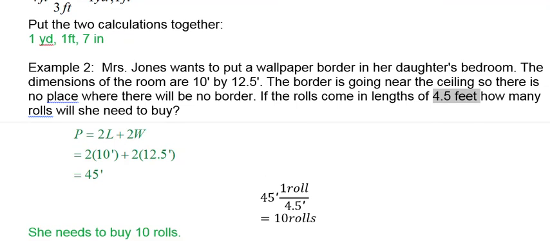There are some questions like this in the textbook that don't work out evenly. So say it ended up being that she needed 10.1 rolls, right? Say she had to go not a nice even multiple of the rolls around the room. Anytime you need a partial roll and you're buying material, you've got to buy the whole roll, right? So even if it would normally round it down, you would round that up for this sort of application question.